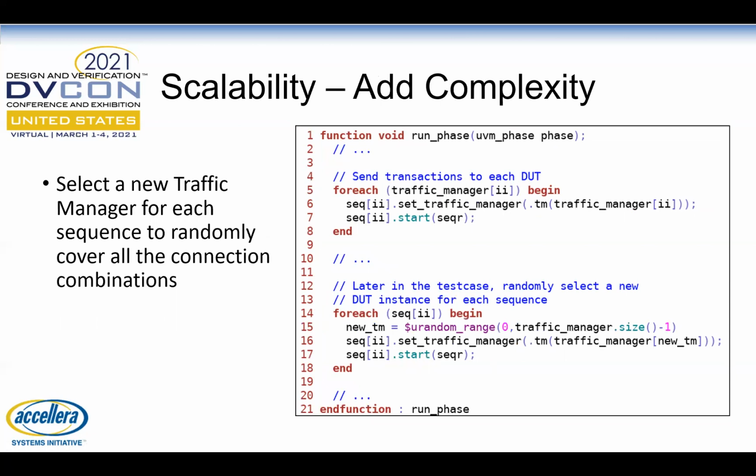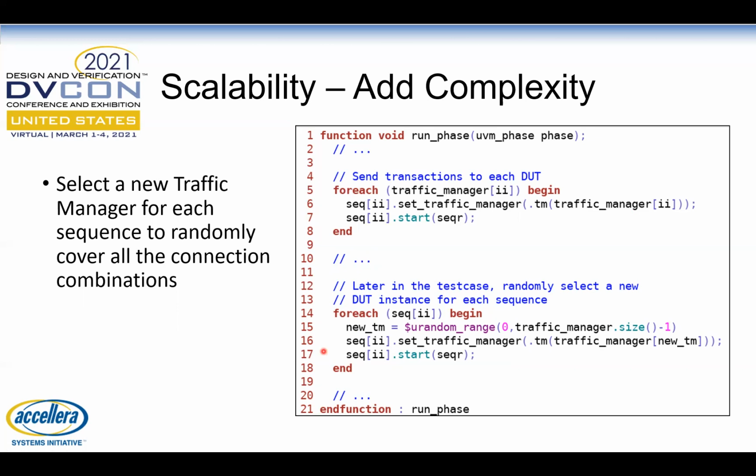So here's an example of how you can do that. Here you can see a more complex test case where each sequence is randomly assigned to a traffic manager. So we just randomly select one of the traffic managers and a sequence is assigned to each. Each traffic manager contains the information necessary for a sequence to correctly generate a sequence item directed at the DUT instance belonging to that traffic manager.